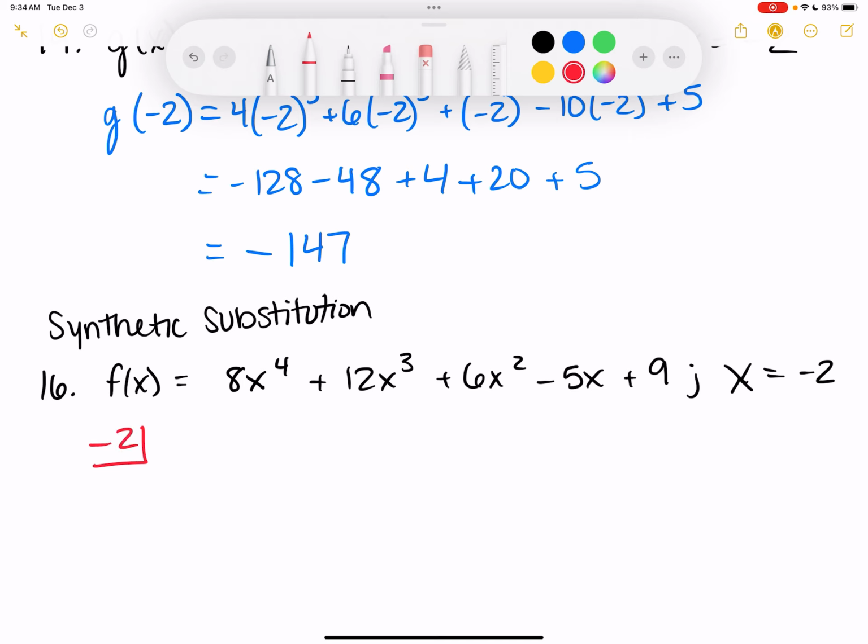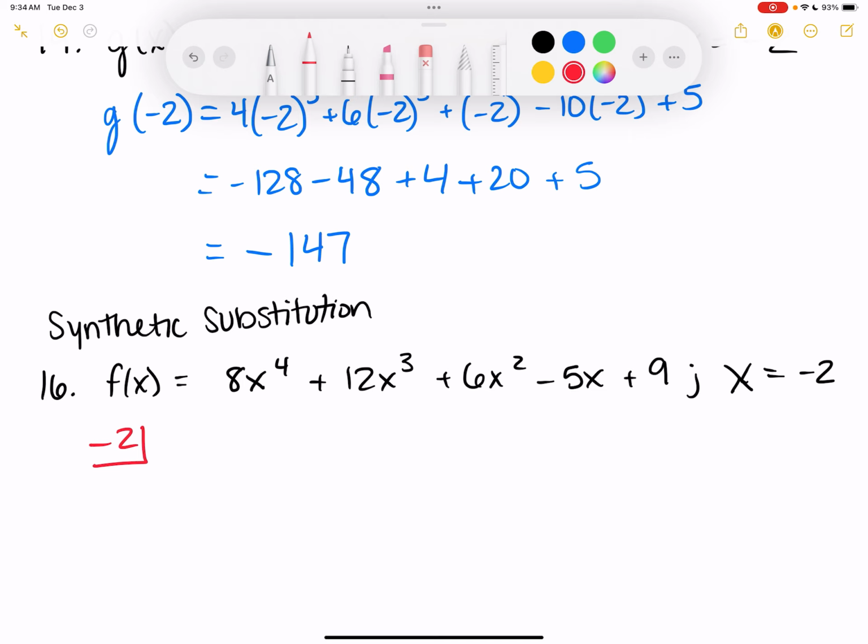Then we make a row going across. The terms have to be in descending order, from x to the 4th down to the constant term. If a term is missing, say the x cubed term did not exist, I have to put a 0 there. It's like a placeholder. This will be the same thing when we get to synthetic division.